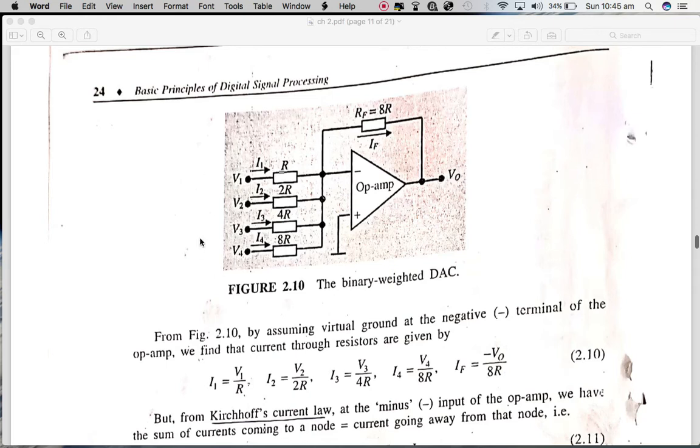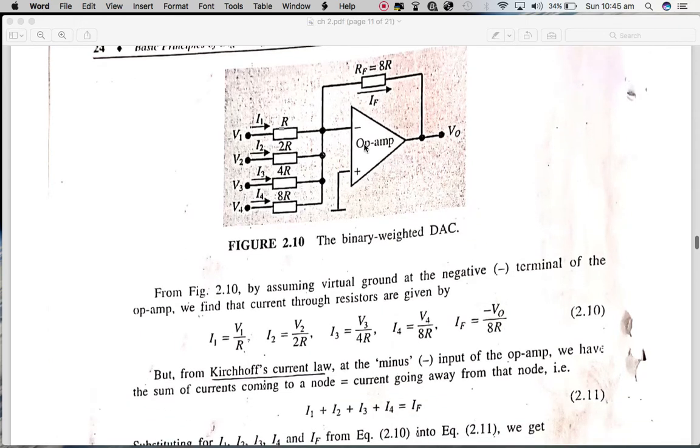So it is converting any digital signal into an analog signal. If we apply KCL at this node, it says that the sum of all the currents entering and leaving the node is equal to 0.